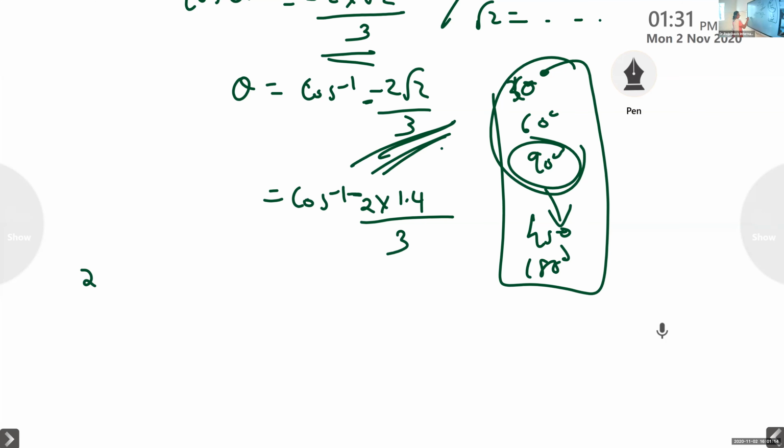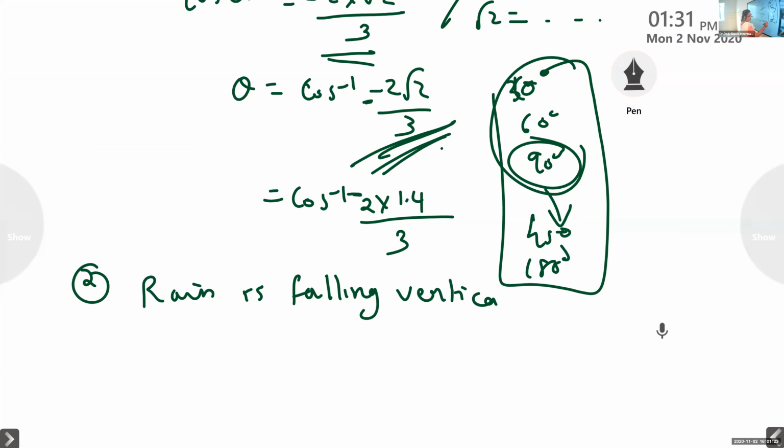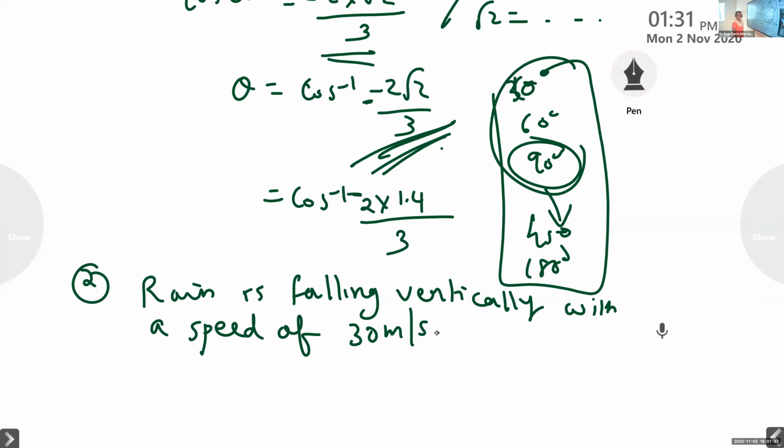Rain is falling vertically with a speed of 30 meter per second.